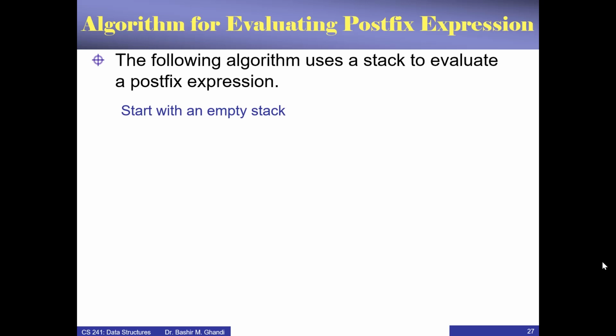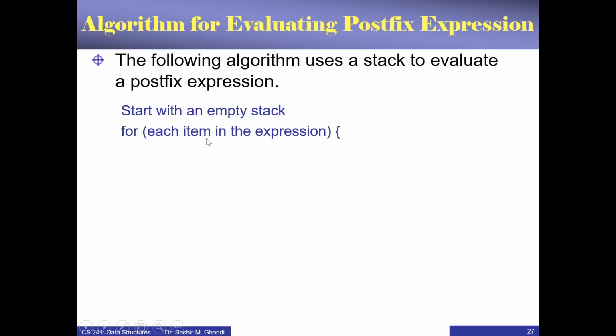So we start with an empty stack, and for each item we encounter, this time there are only 2 types of items. An item is going to be either a number or an operator. There will not be any left parenthesis or right parenthesis. So this is why this algorithm is actually easier than the other one. You just handle the 2 cases.